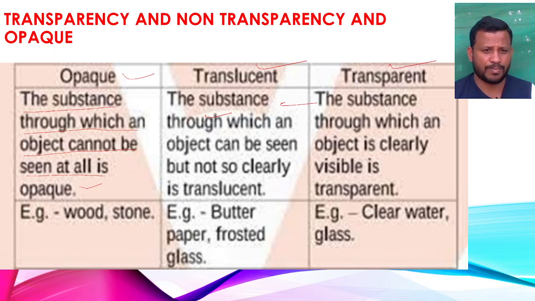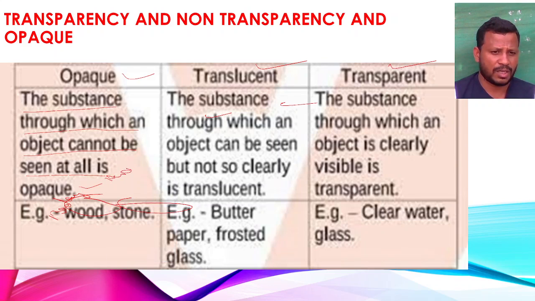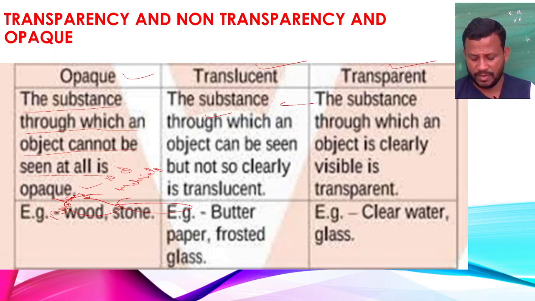For opaque bodies, for example, we can take wood and stone, right. We can take our body also, and some hard materials. Okay, these are the opaque bodies.